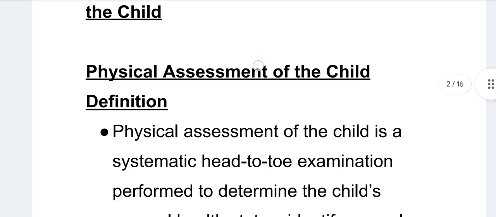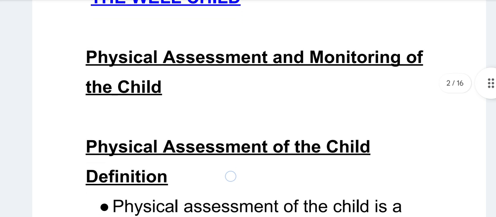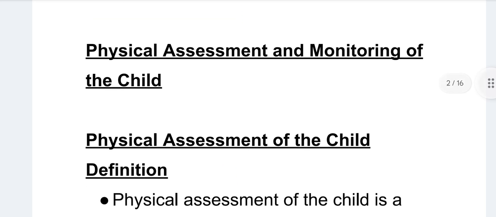So now we have two terms here: the physical assessment and the monitoring of the child. There are some numerics or values that I'm going to be telling you, and you just need to make sure that you note them down. Okay. So in this session, I'm not going to write anything. I'm just going to say some numerics by mouth.